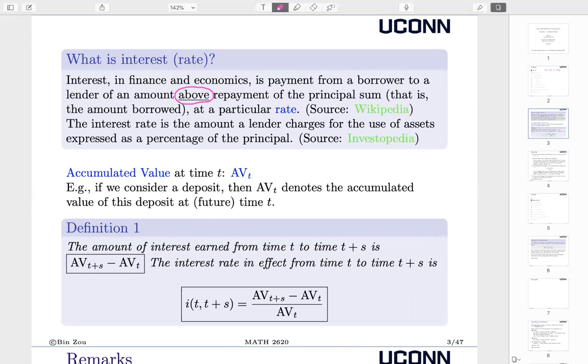When one borrows money from another, there is a transfer of the assets, right? So the lender transfers the assets to the borrower, and to motivate the lender for such a transfer, the borrower needs to compensate for her sacrifice.